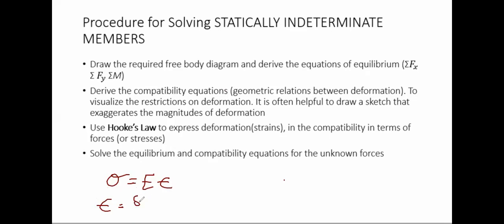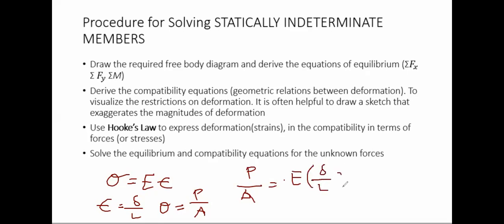Ngayon, meron tayong formula for stress na applied force over area. So, i-equate natin yun ngayon. Magiging P over A is equal to modulus of rigidity multiplied by the deformation over L.